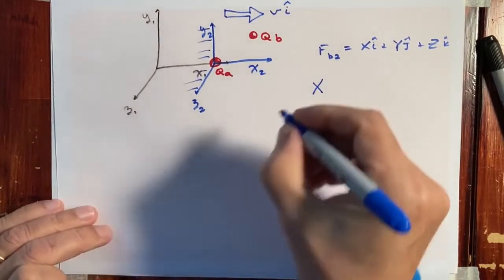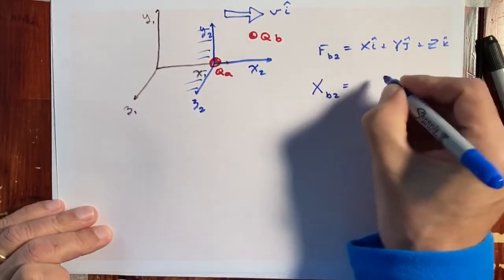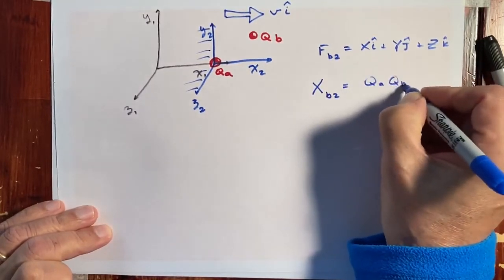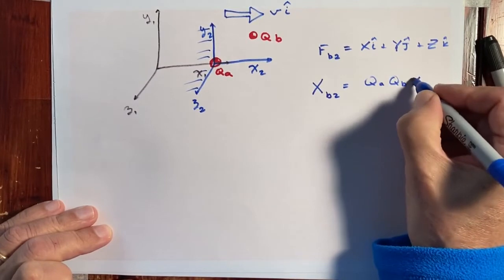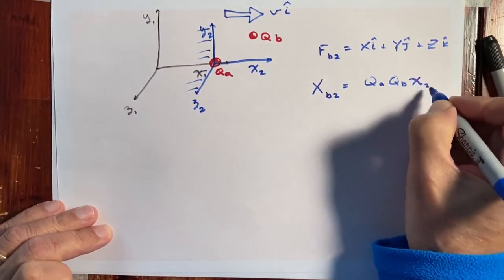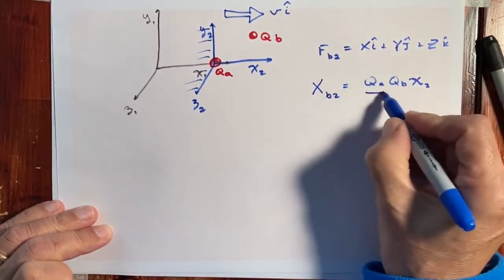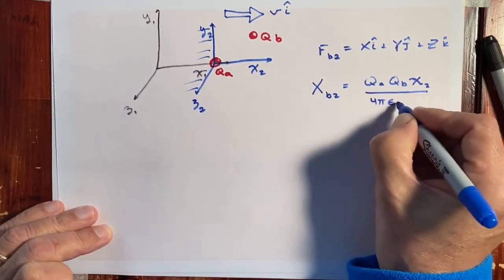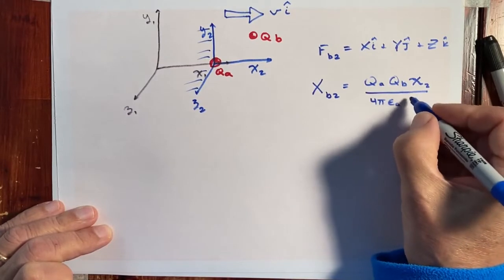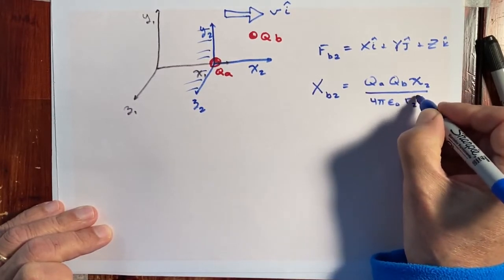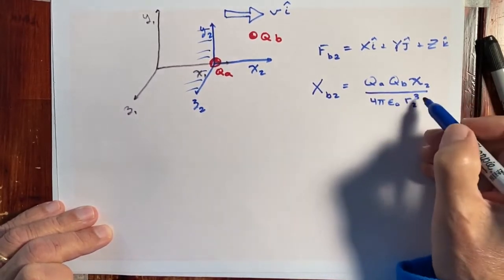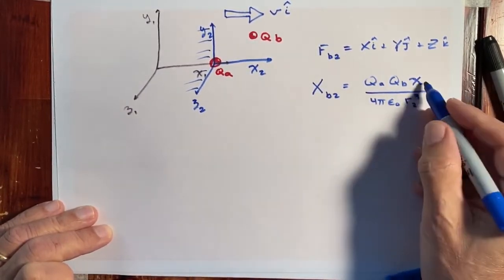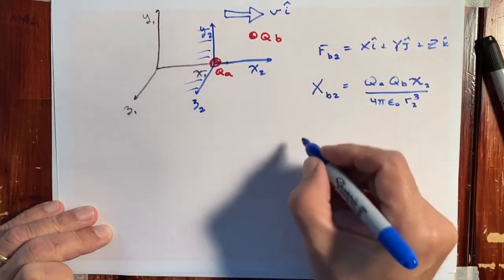That is going to be equal to, of course, charge A, charge B, x sub 2, which is this guy, divided by 4 pi epsilon naught times r sub 2 cubed. This is Coulomb's law considering the vector nature of x sub 2 and r sub 2.